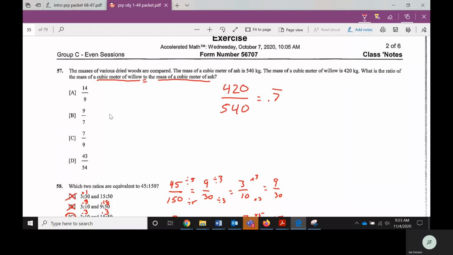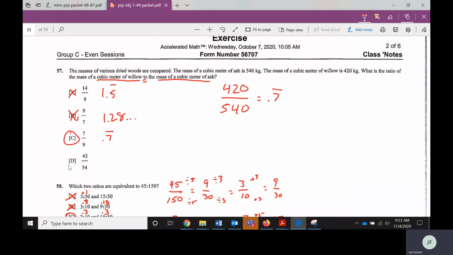So if we had to look at these, we'd type them in. 14 divided by 9 is more than 1, so that's out. It's 1.5 repeating. 9 divided by 7 is 1.28 and then some other numbers, so again, it's over 1. 7 divided by 9 is 0.7 repeating, 0.7777. So that should be the correct answer.